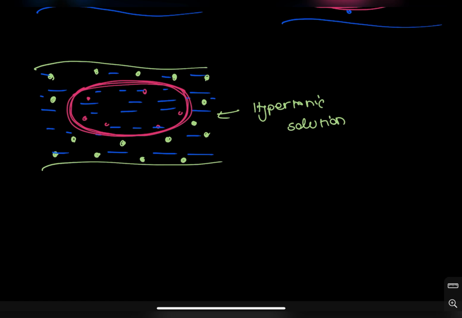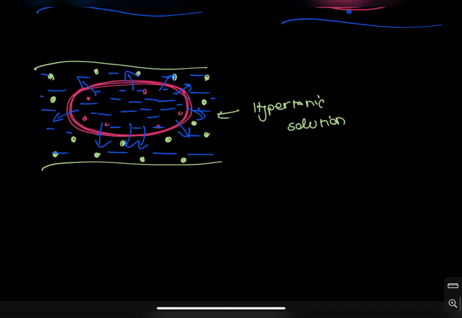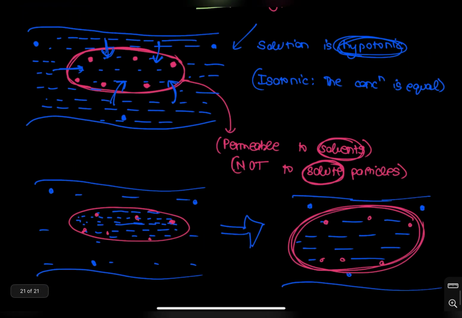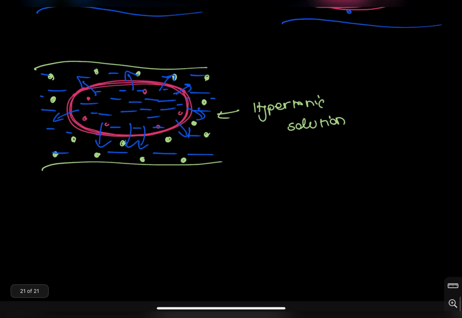So the solvent inside the RBC will start diffusing out. Or rather, I wouldn't call it diffusion. This is osmosis basically, because osmosis is when the solvent moves through a semi-permeable membrane. So, the complete opposite of what happened before, the solvent is getting out of the RBC and entering the solution.